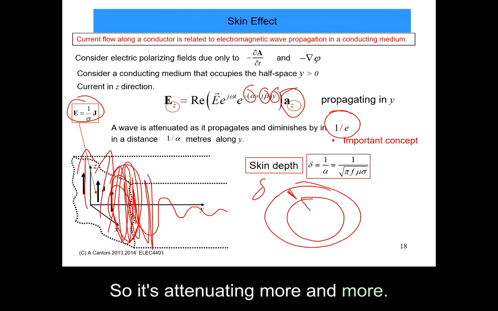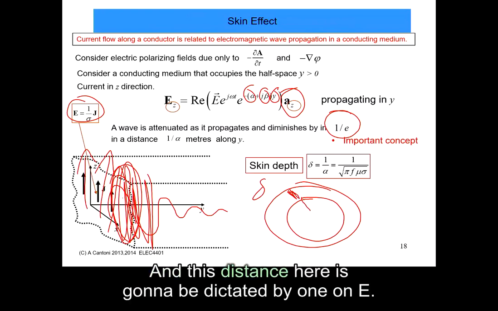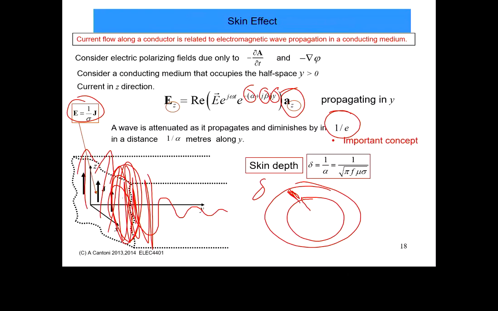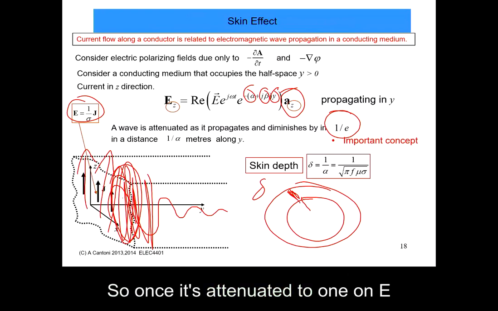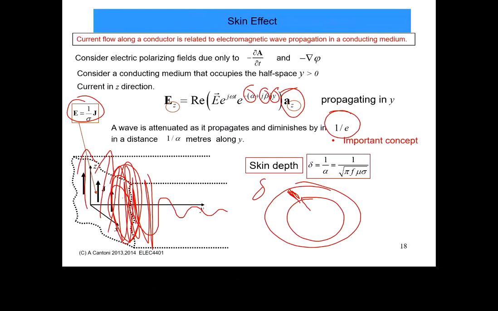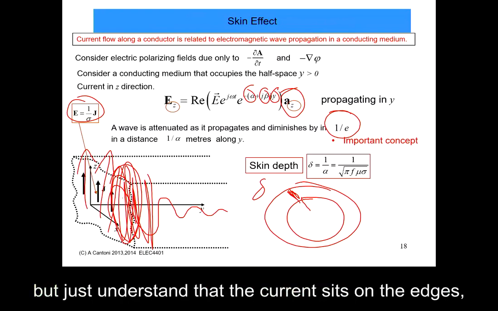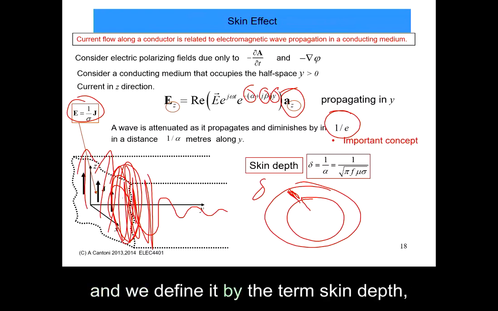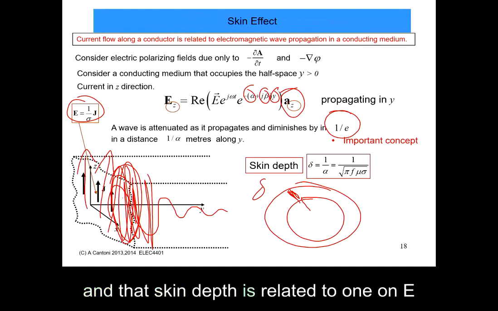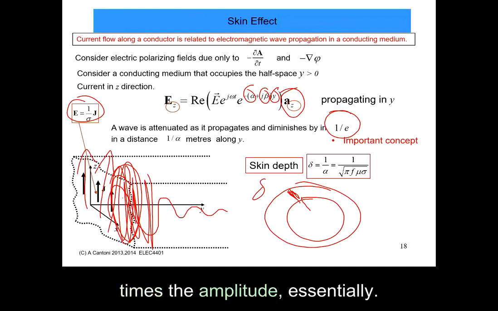So it's attenuating more and more. And this distance here is going to be dictated by 1 on e. So once it's attenuated to 1 on e times that maximum amplitude, that's where we call the skin depth, right? Does that make sense? Okay, so it's a bit of a hard concept to think about, but just understand that the current sits on the edges and we define it by the term skin depth, and that skin depth is related to 1 on e times the amplitude, essentially.